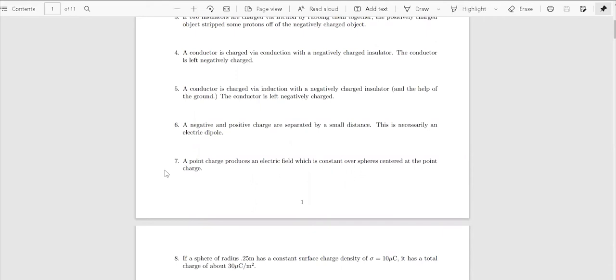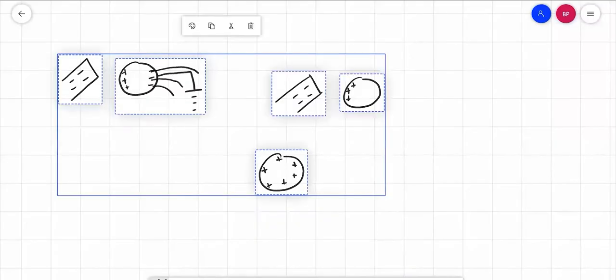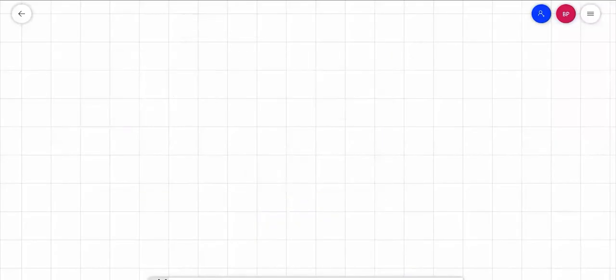7, a point charge produces an electric field which is constant over spheres centered at the point charge. This is true. So if you have a point charge, the electric field is these constants times the sign charge divided by the distance squared in the r hat direction.